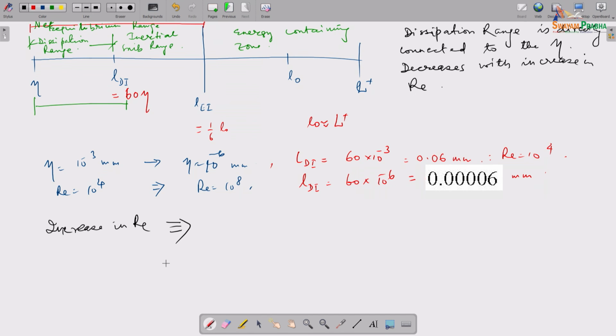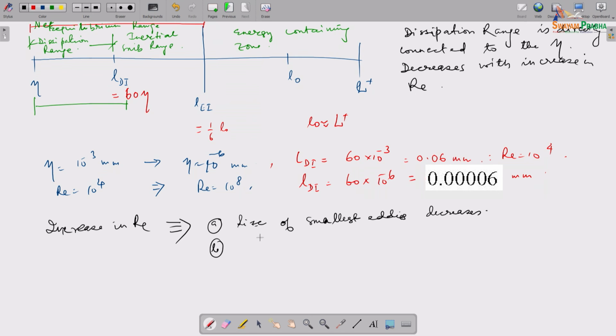Now, number one is the characteristic length, I guess, but let's just say size. So the size of the smallest eddies decreases, right?